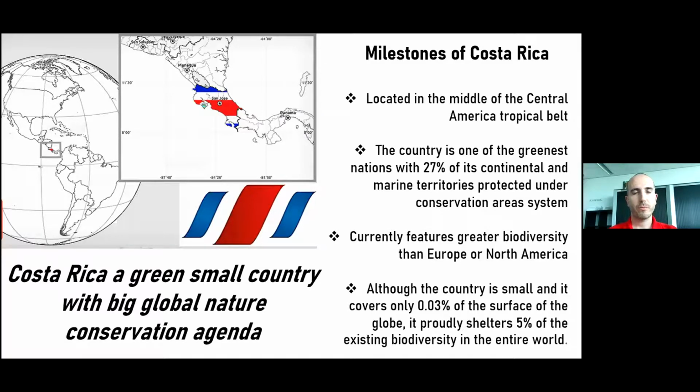The country is one of the greenest nations, with 27% of the continental and marine territories protected under conservation area systems. And it currently features greater biodiversity than Europe or North America.